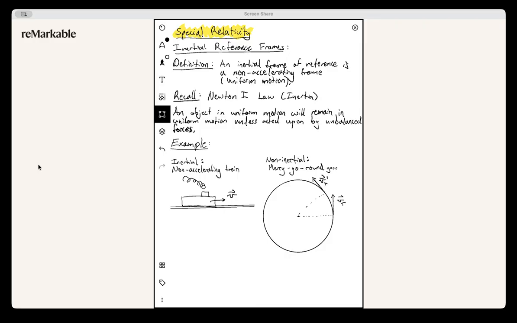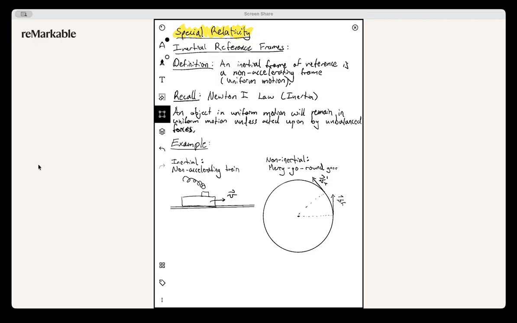And so we're transforming from one inertial reference frame, namely the platform, to the inertial reference frame of the train. And both are inertial because the train is traveling at a constant velocity. But from the frame of reference of the train itself, it's actually stationary.